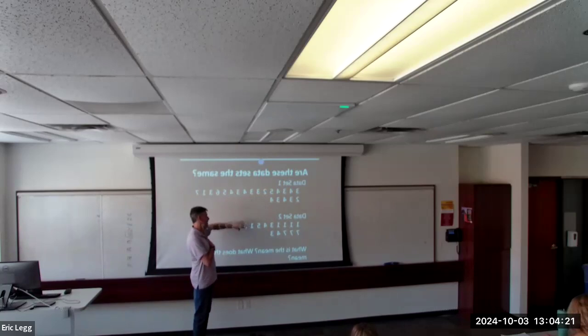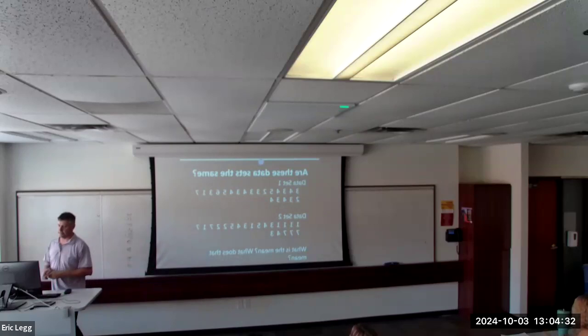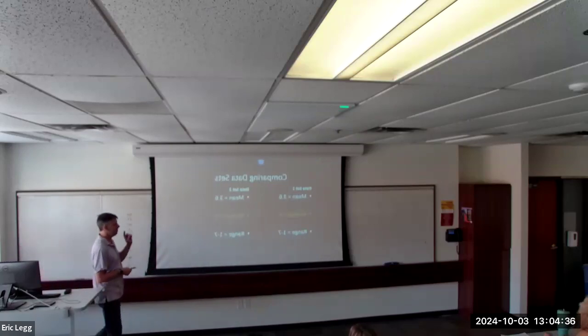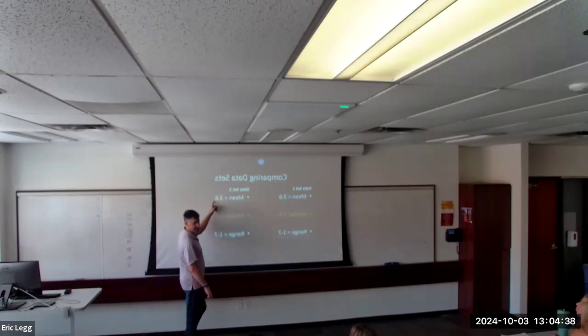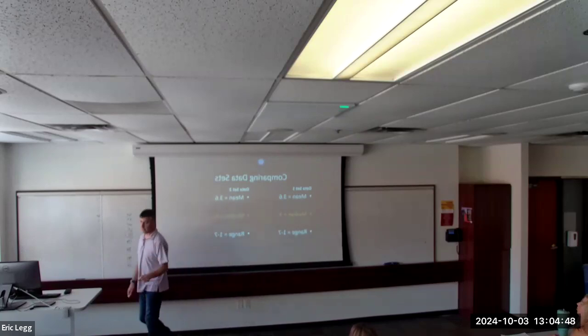So let's say tourism majors is data set 1, everybody else is data set 2, and these were the results I got. I can tell you that the average score of both of those data sets is 3.6. The median score of both is 3. And the range of both is 1 to 7.